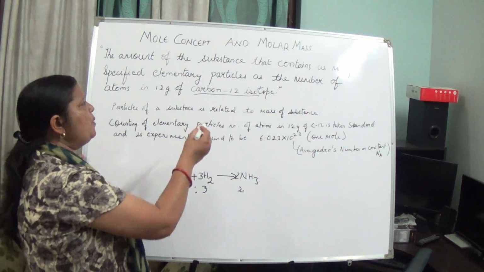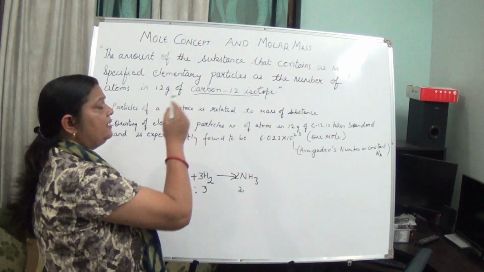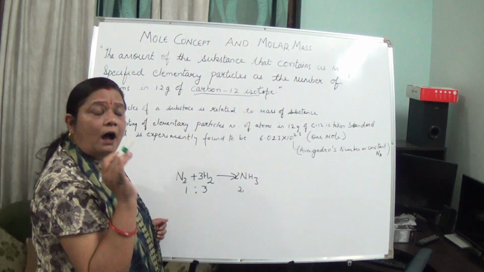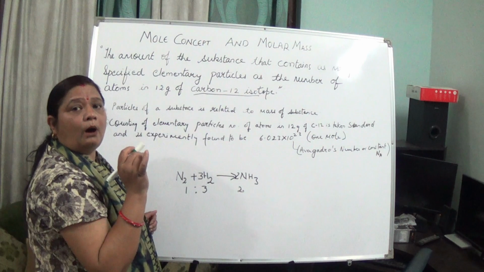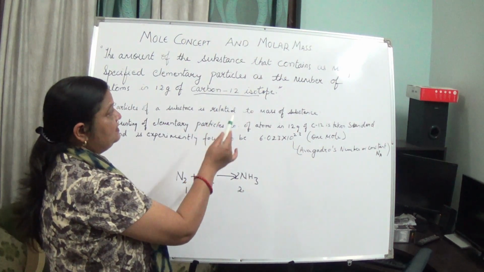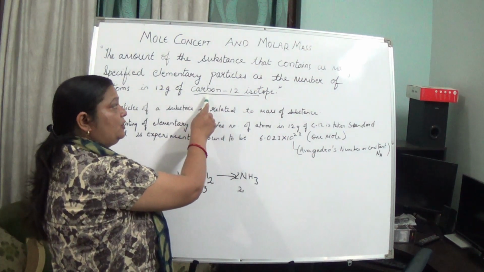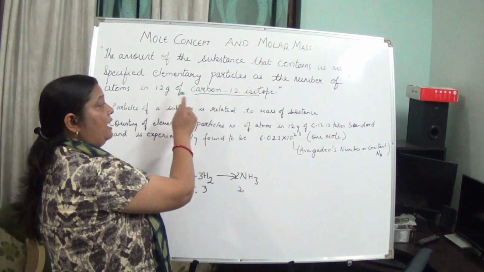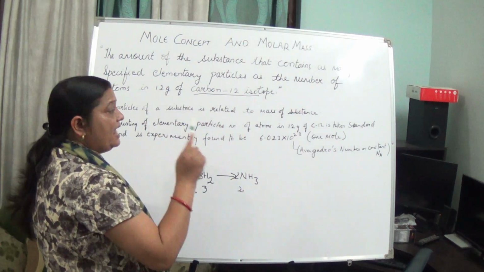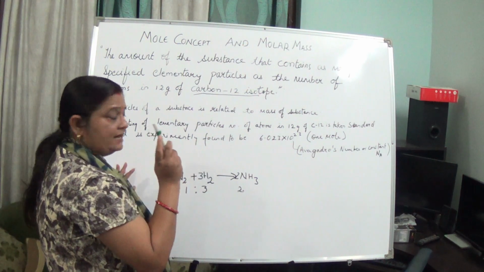So how many elementary particles, like ions? What are these elementary particles? These are ions, atoms, or molecules. How many of these are participating, or contained, is compared with 12 grams of carbon 12 isotope, whose elementary particles are taken as standard.